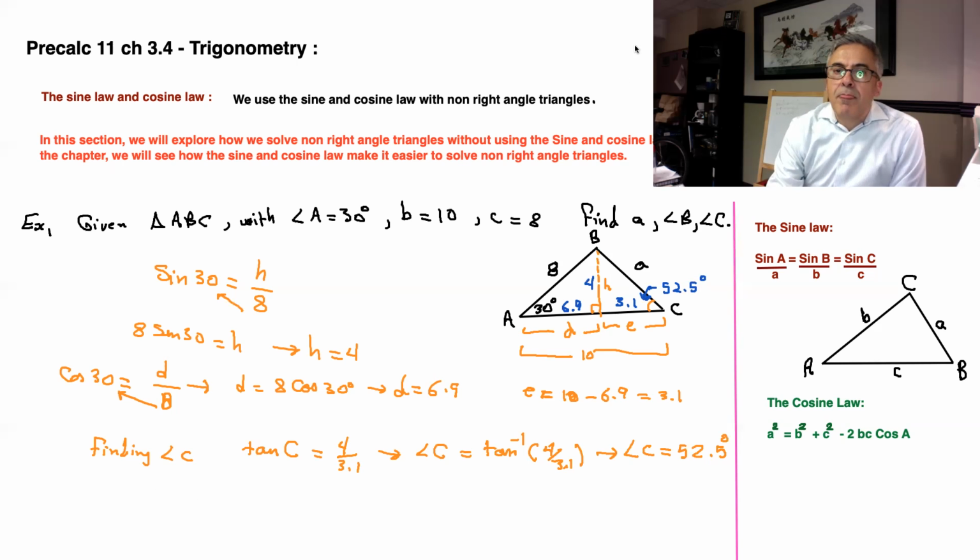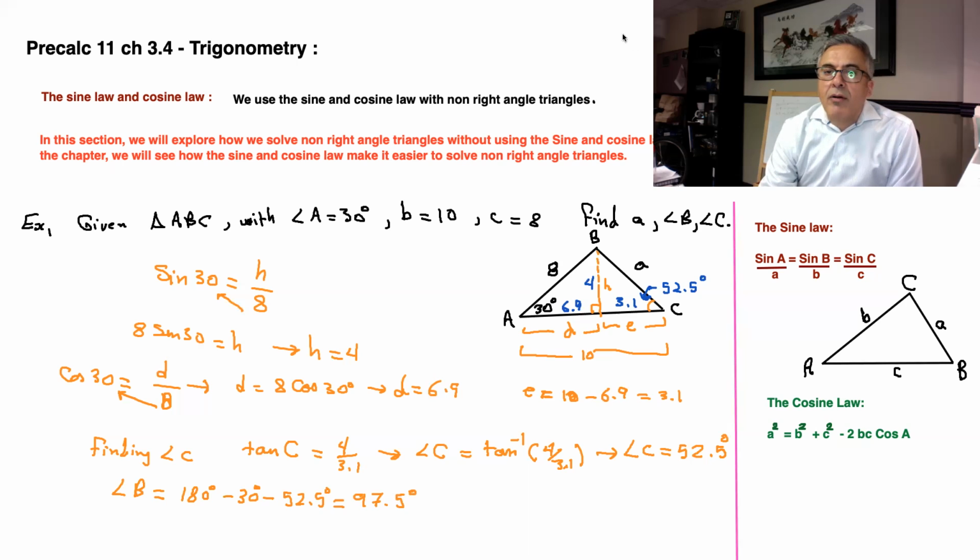So angle B equals 180 degrees minus 30 minus 52.5 degrees, and that would equal 97.5 degrees. And therefore now we found this angle here to be 97.5 degrees. So the only thing that we need to still find is the length A, because they asked us to do that.